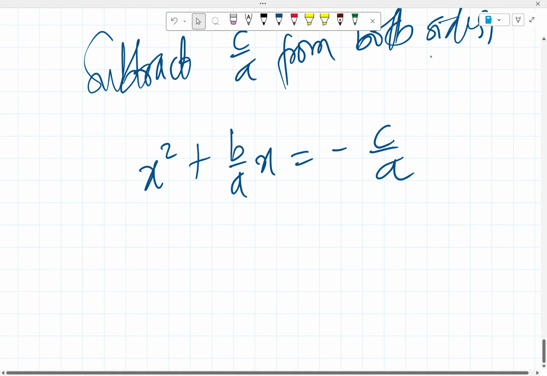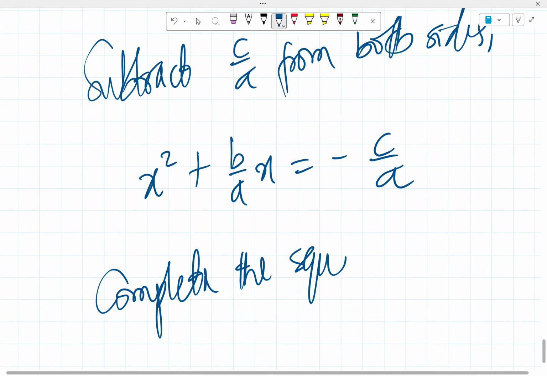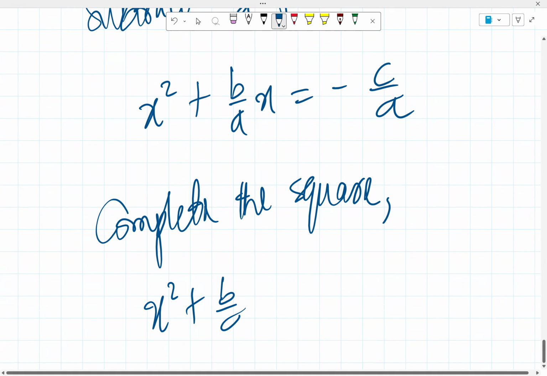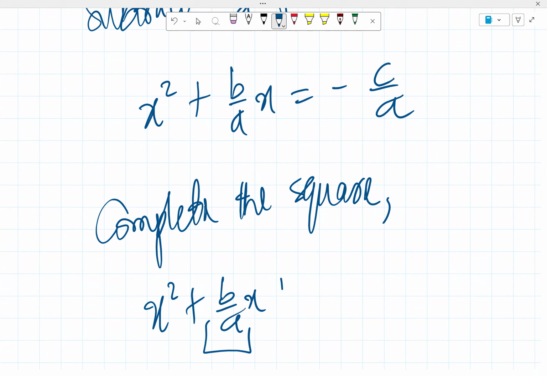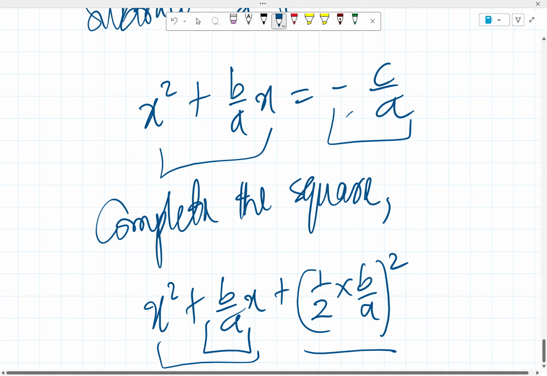Then having done that, we can complete the square. This is how to complete the square. You have x squared plus b over a x. Now this b over a is very important. That's the coefficient of x. So you take half of it, multiply it by half, and you square it. And since this expression is equal to that expression, if you add this to the left side, you should add it to the other side.